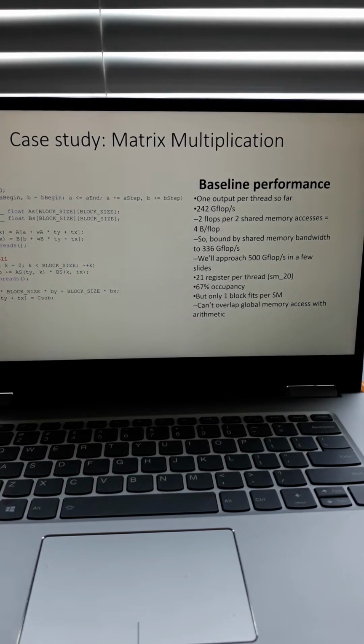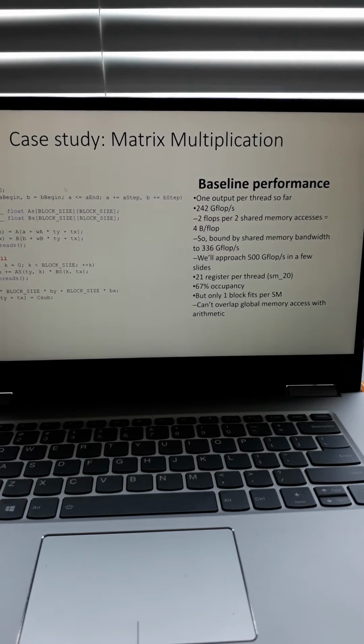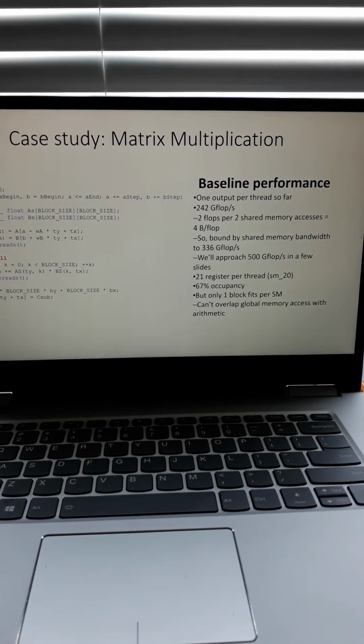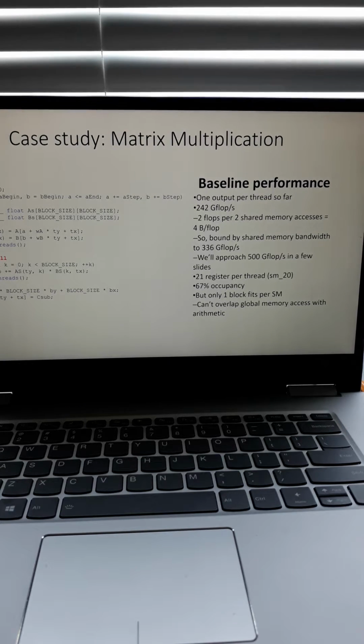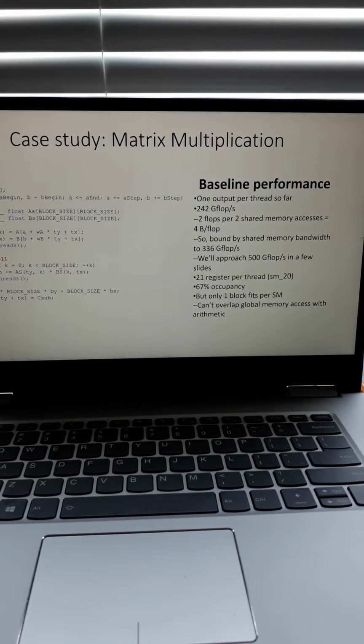Over here, this is the case where we are having just one output per thread. There are two memory fetches, one fetch per input matrix, there is one arithmetic instruction, and there is one memory write to the output matrix. So there is only one output per thread.